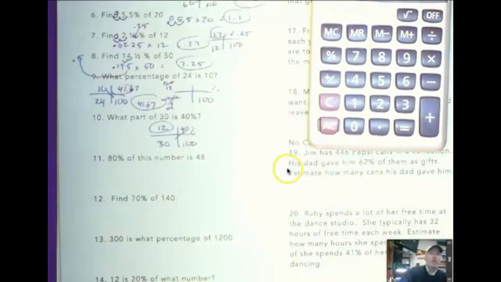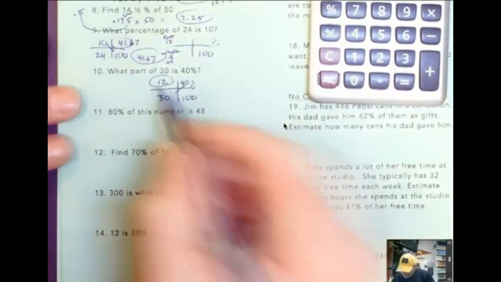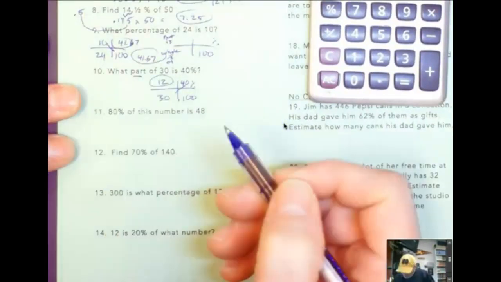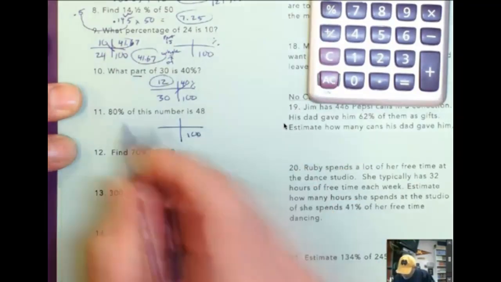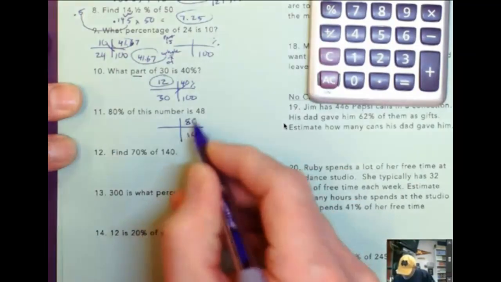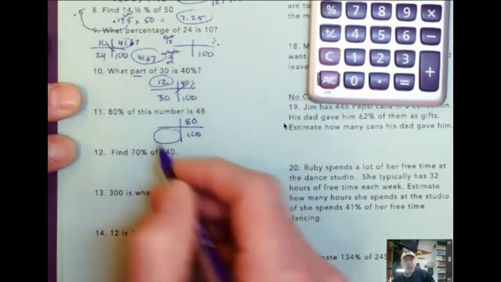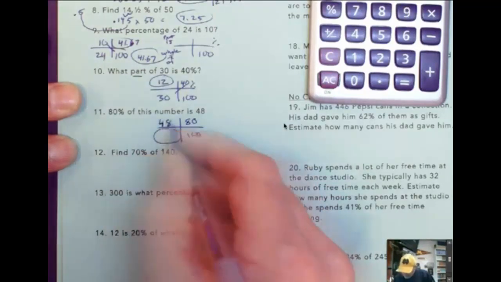You see 14, I'll move it down a little more. So you can see the work I boxed it up. What part? This is the part, so I put the circle there. All right, let's do this one here. Put my 100 in. 80%, I know that's going to go here, of this number, of, is 48. So I got three numbers in a box.